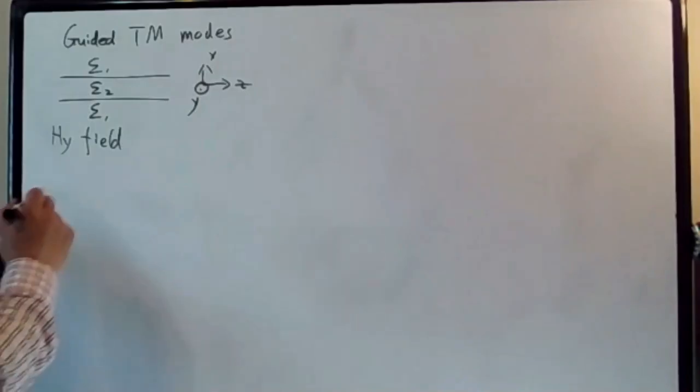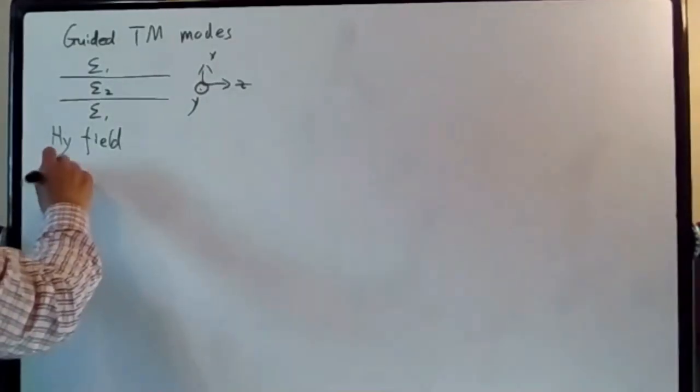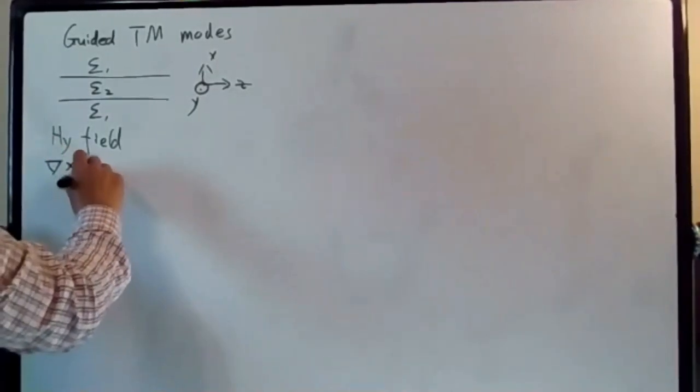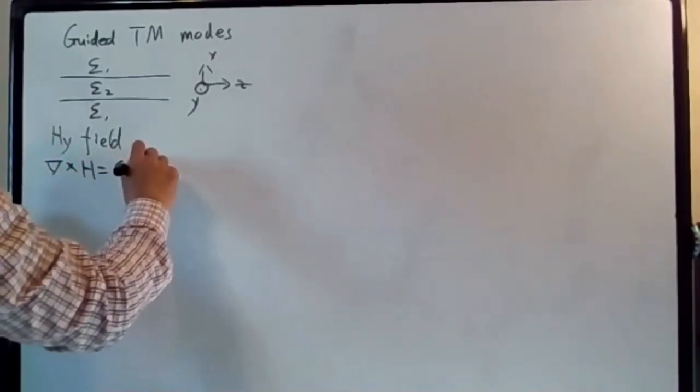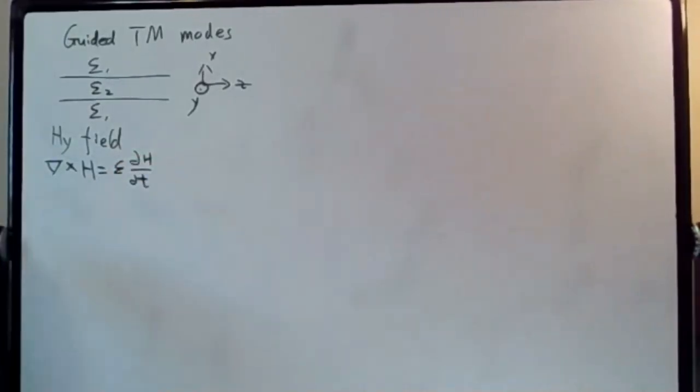So use Maxwell's equation. We have curl of H equals epsilon partial E partial t, right?